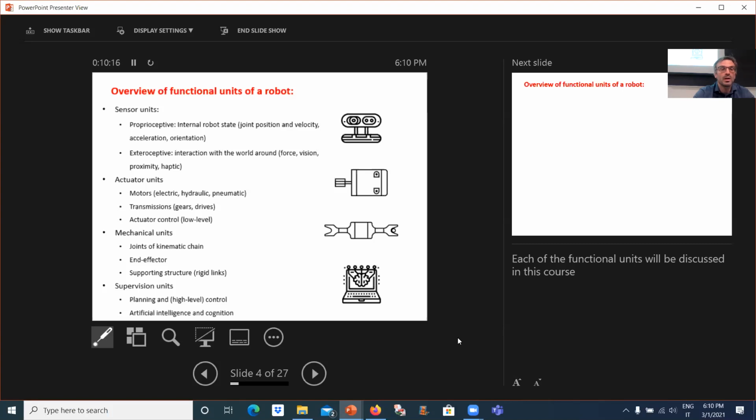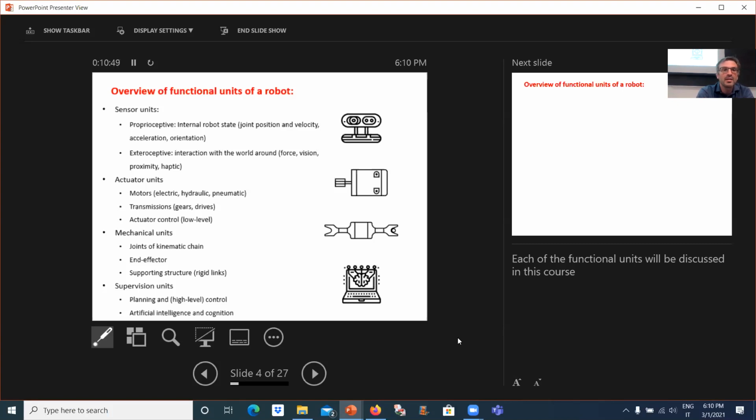For example, as I said, controlling the stability, or some high-level task, like if you have a mobile robot that needs to move around in a labyrinth and get to an exit, then the high-level controller takes care of controlling not the wheel velocity, but the full robot position and orientation.